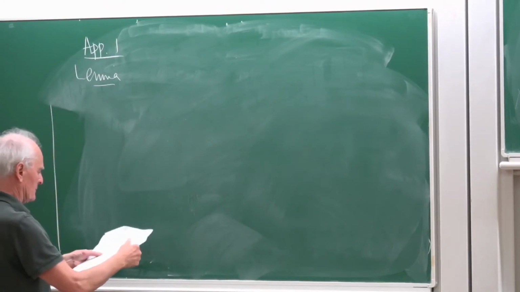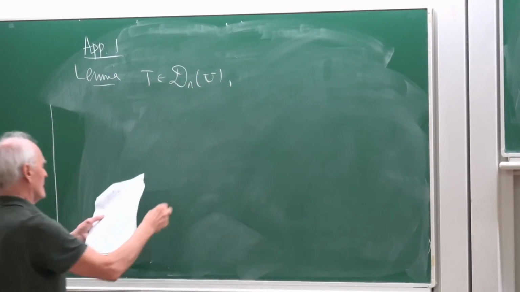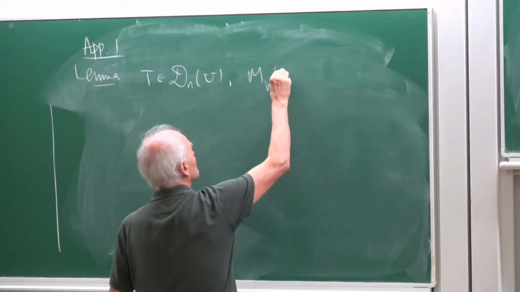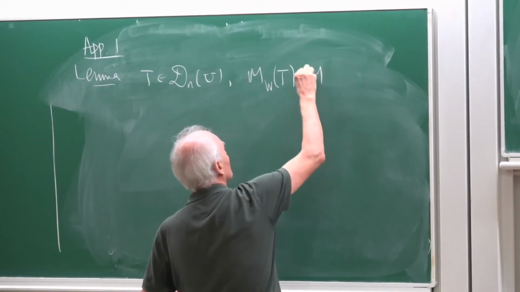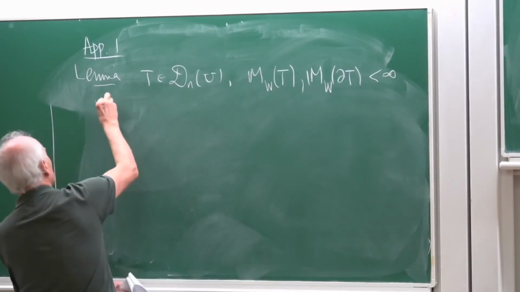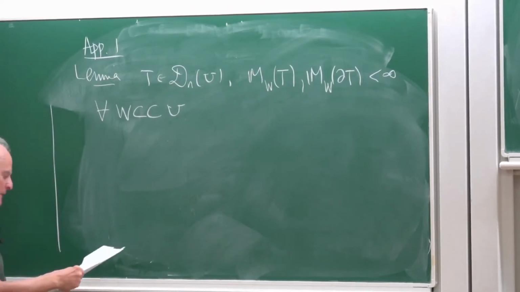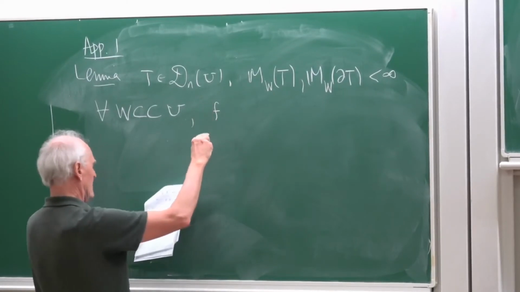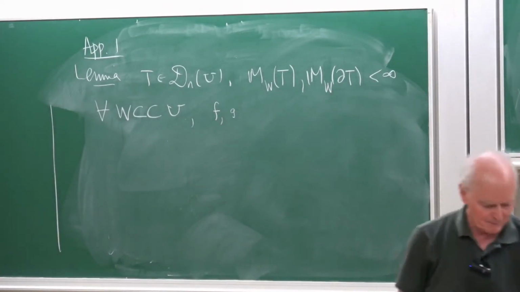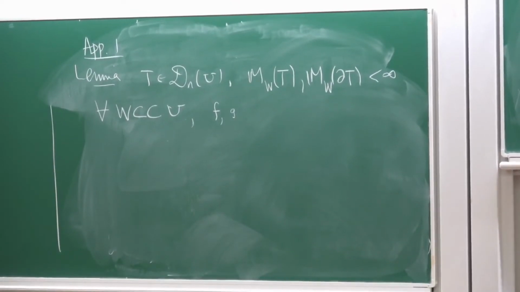Suppose that you've got an N-current, and suppose that the mass of the current and its boundary are both finite locally, finite for every W properly contained in U. And suppose that you've got two maps, F and G. Oh, sorry, I've just realized that before I state that theorem, I've got to do something else here.